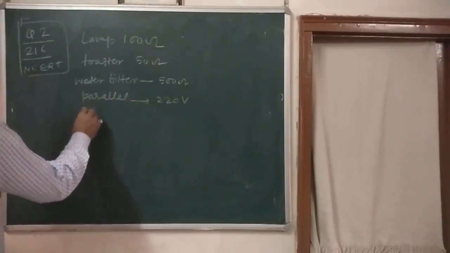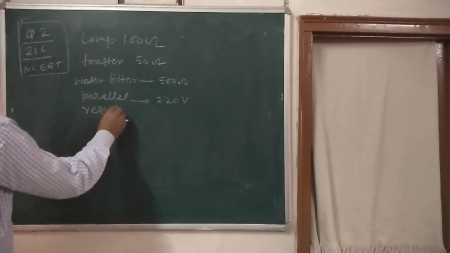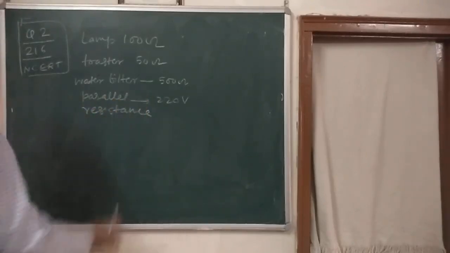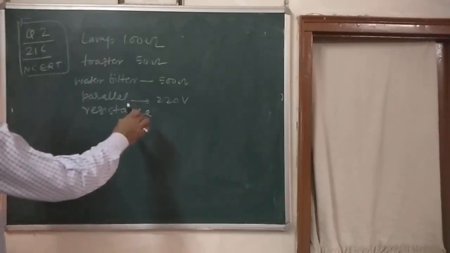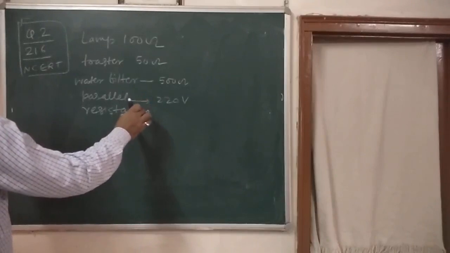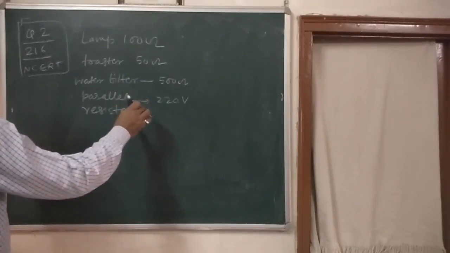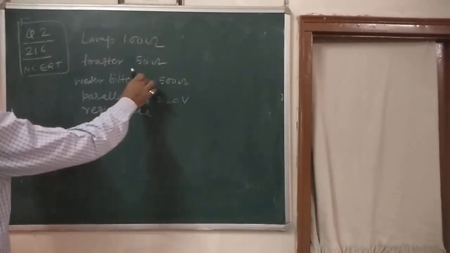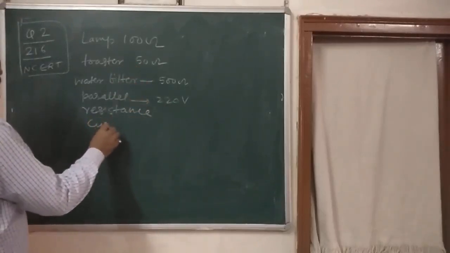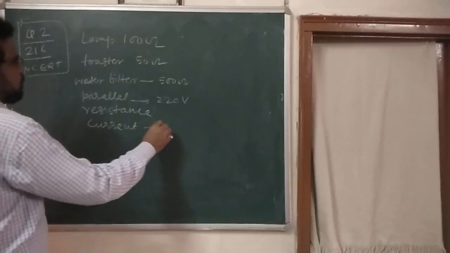What is the resistance of an electric iron connected in the same source that takes as much current as all the 3 appliances, and what is the current through it?